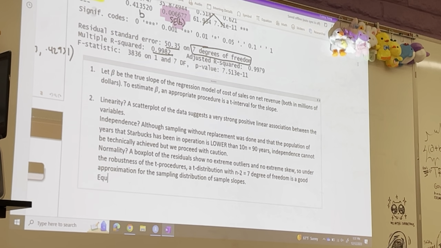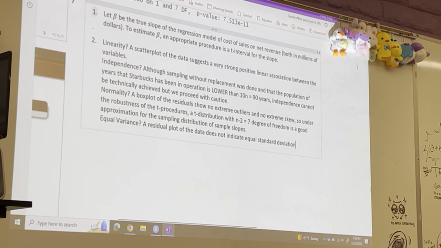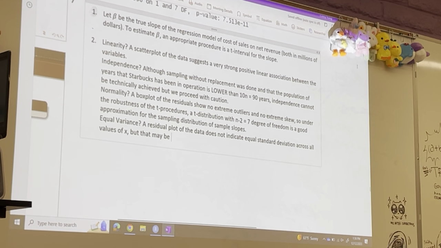Next one is equal variance. Okay, sorry, I'm going to scroll up. Equal variance. A residual plot of the data does not indicate equal variance or equal standard deviation across all values of x, but that may be due to the small sample size.